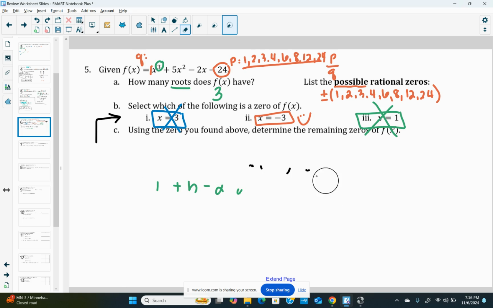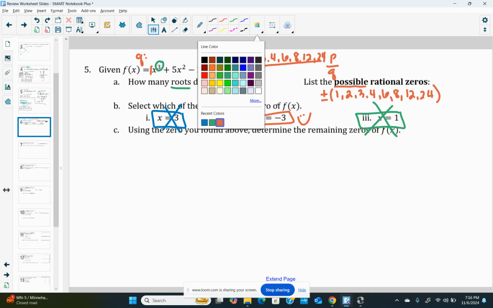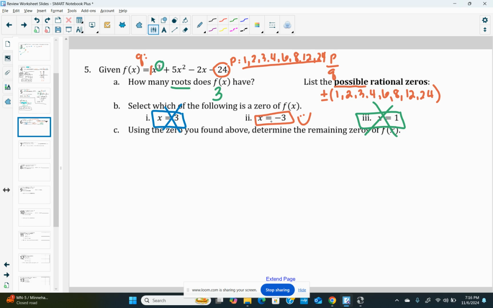All right, so then it says, using the 0 you found above, determine the remaining zeros of f of x. So now what we need to do is divide this factor into the polynomial. If x equals negative 3 is a 0, then x plus 3 is a factor.